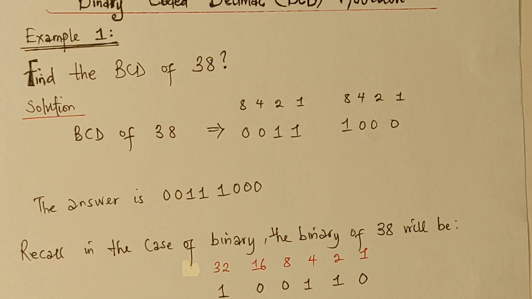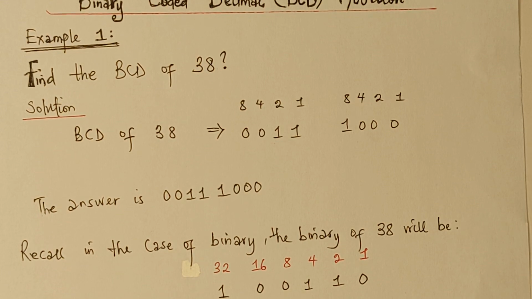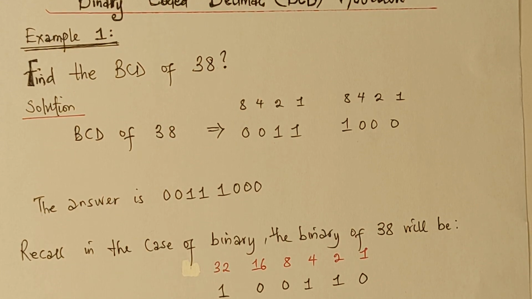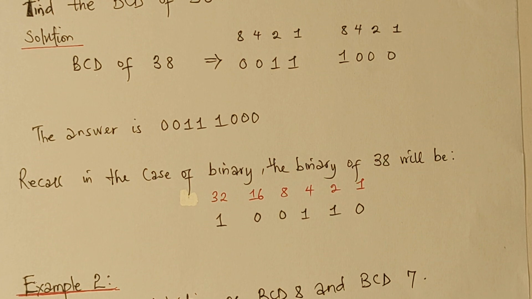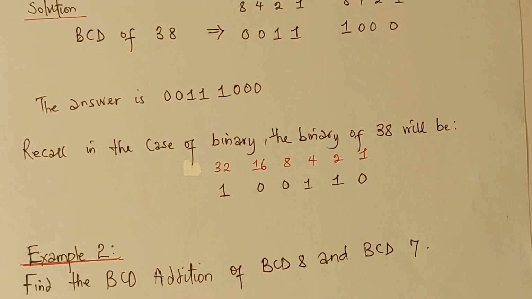So let's go over to what we have today, which is the BCD addition. Now, when we talk about BCD addition, it means we want to sum up two or more digits. So let's consider where we are asked to find the BCD addition of BCD 8 and BCD 7. Now, like we say, we are going to represent each digit as 4 bits.